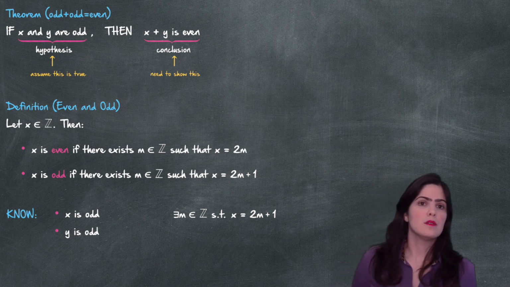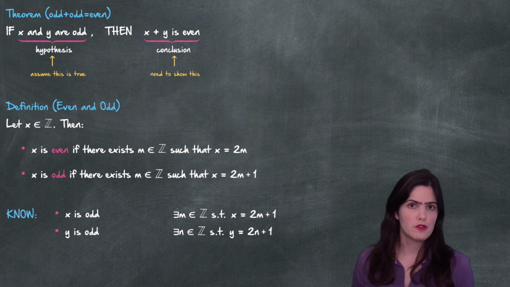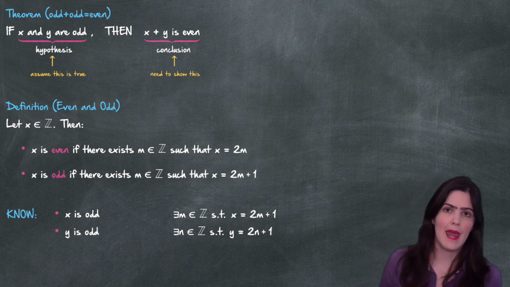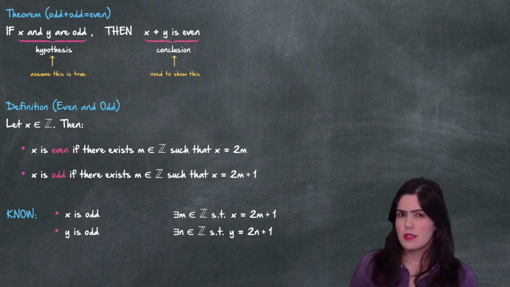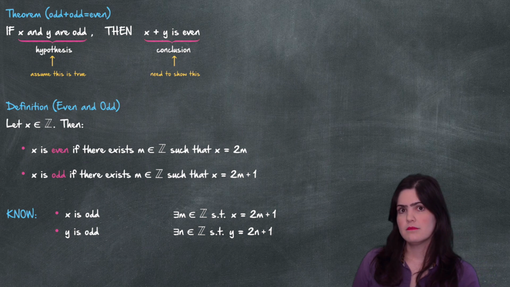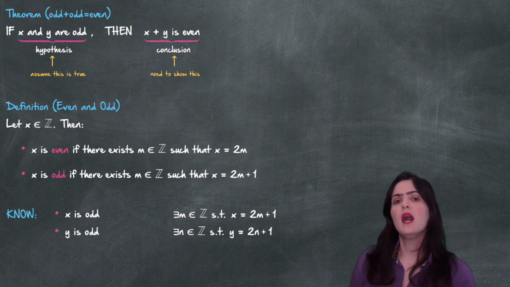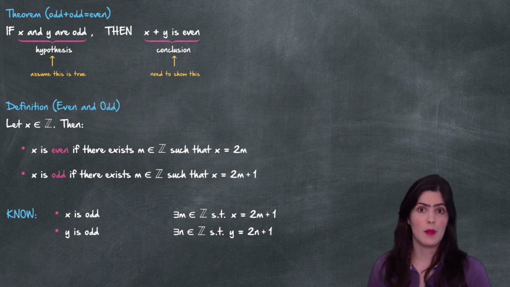And y is odd, so it means that y can be written as 2n plus 1 for some integer number n. And check this. I used different letters for the n and m. So x is equal to 2m plus 1 and y is equal to 2n plus 1.